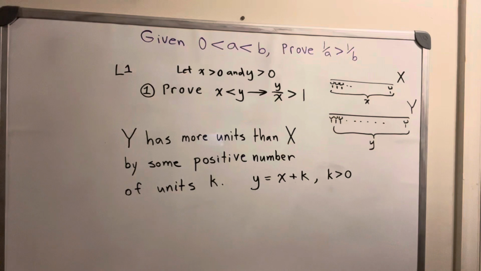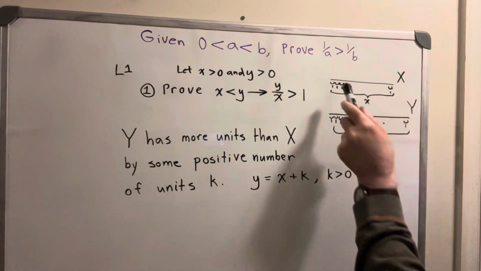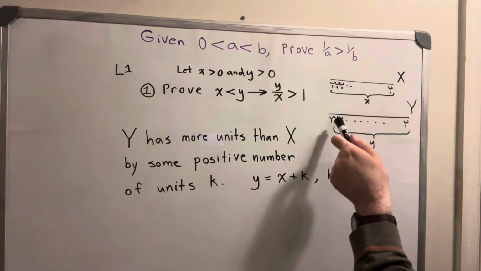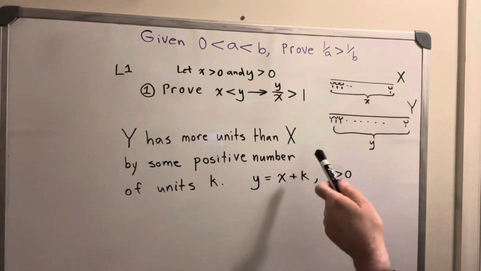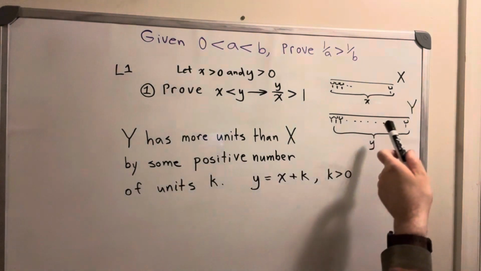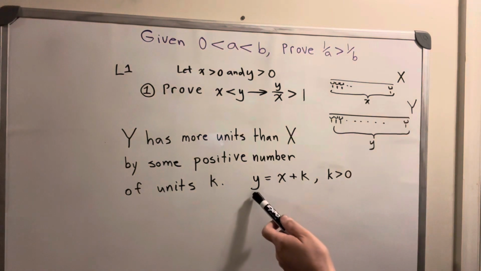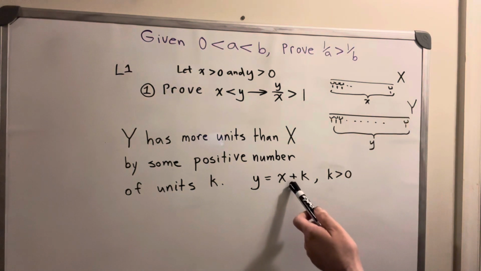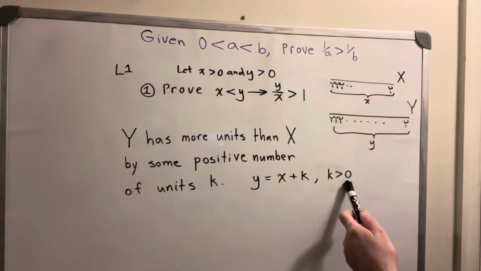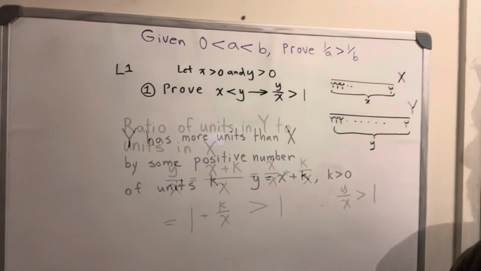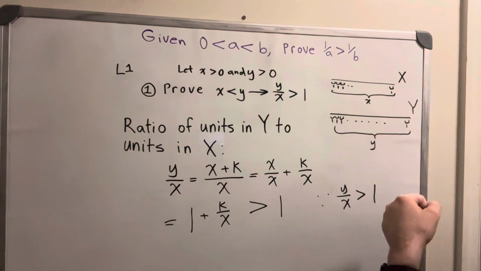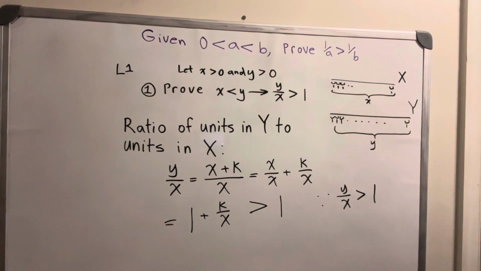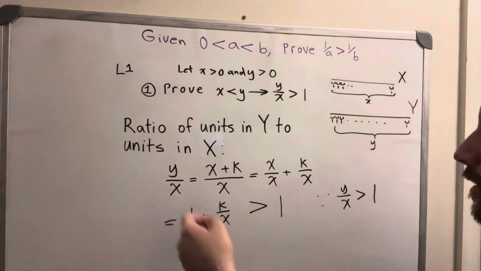So just to restate, we're saying that y is longer than x. It has more units. So we're saying y has more units than x by some positive number of units, k. In other words, y equals x plus k for some k which is greater than 0. Then the ratio of units in y to the number of units in x is y over x.